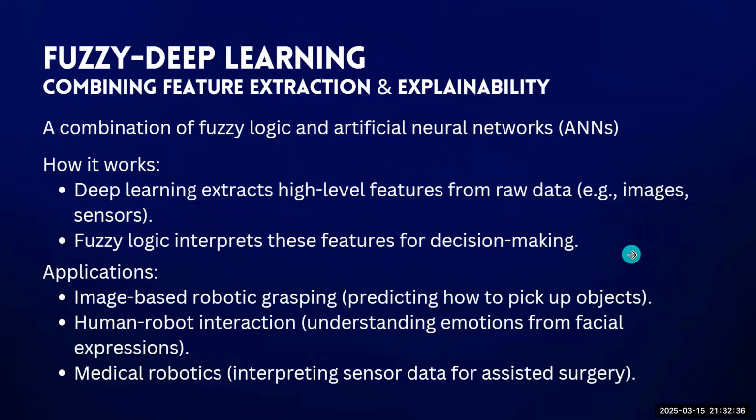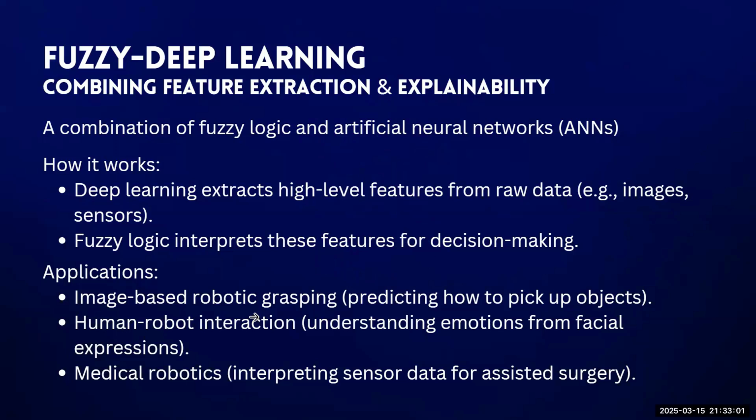And in fuzzy deep learning, deep learning is really good at recognizing patterns, like in images and audio clips. And fuzzy logic can help us interpret the patterns into human readable decisions.